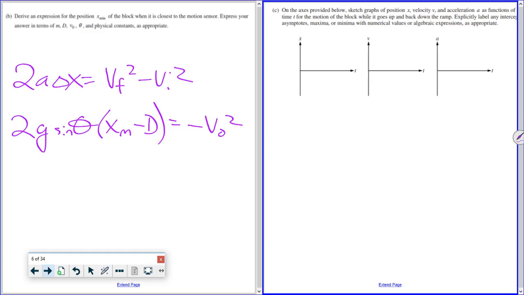All right, part C had these graphs. On the axes below, sketch the graphs. Position-time graph: at time 0, what's my position?